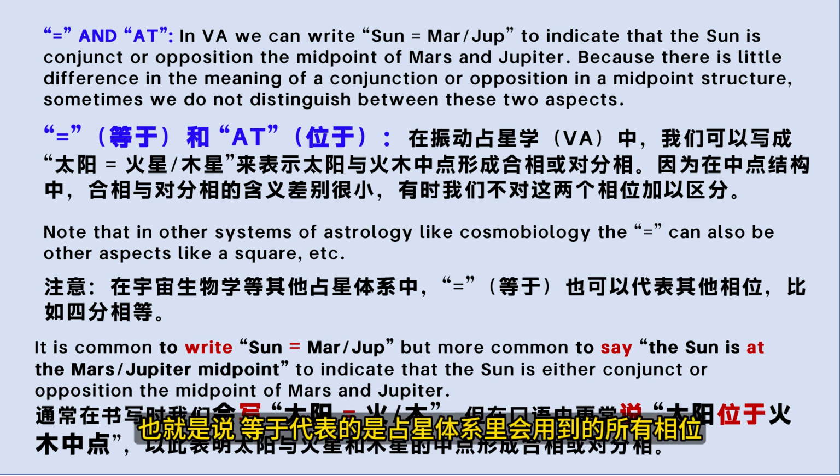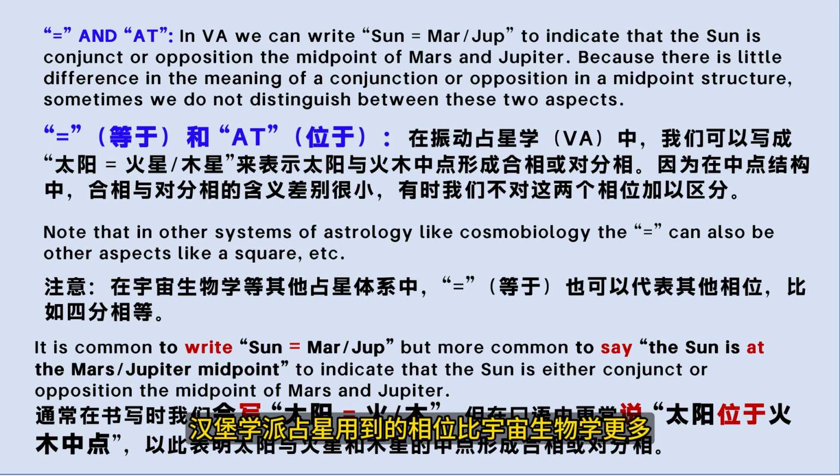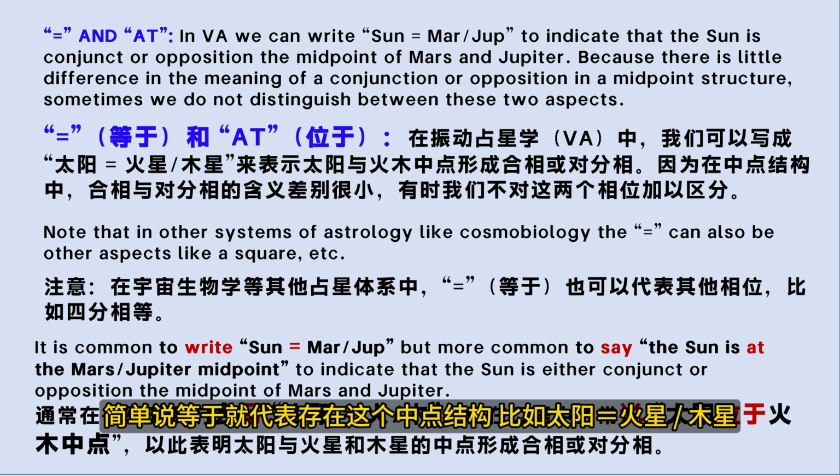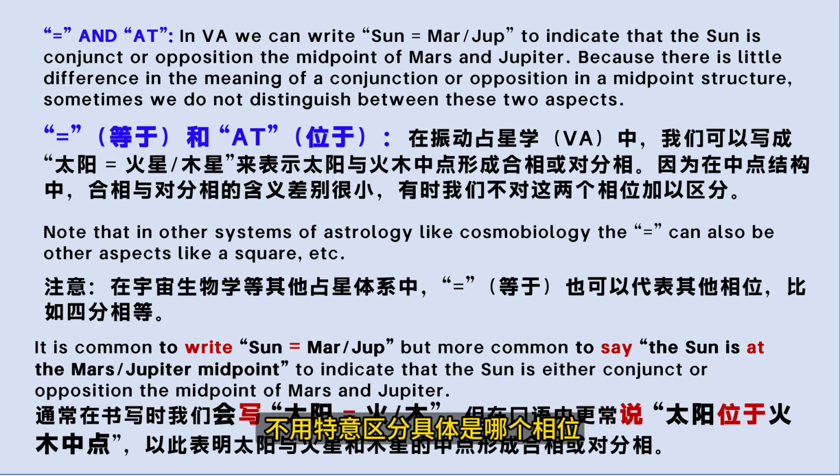So equals means whatever aspects you use in your system. In Iranian astrology, they use more aspects than are used in cosmobiology, so the equals includes all of the aspects. So equals means you have the midpoint structure, Sun equals Mars, Jupiter, and you're not bothering to distinguish which of the aspects it happens to be. In VA, it's going to be a conjunction or opposition.